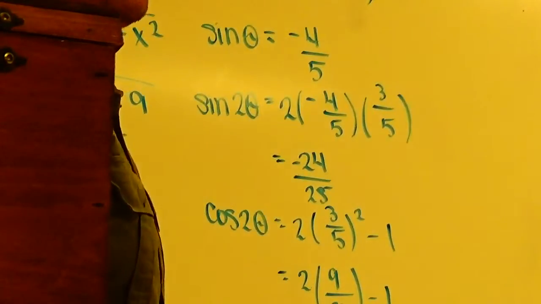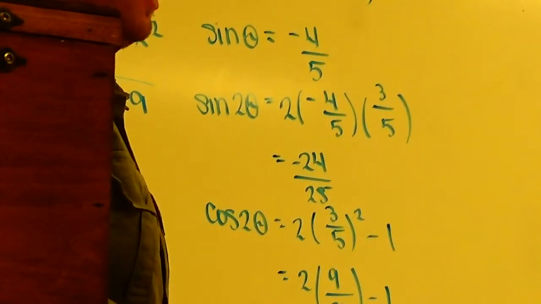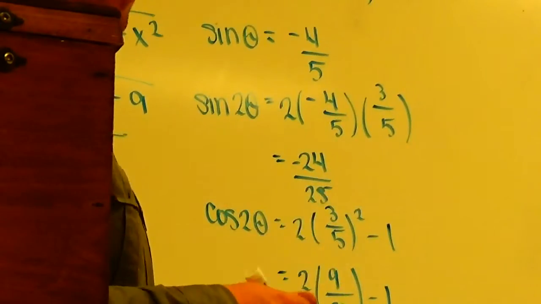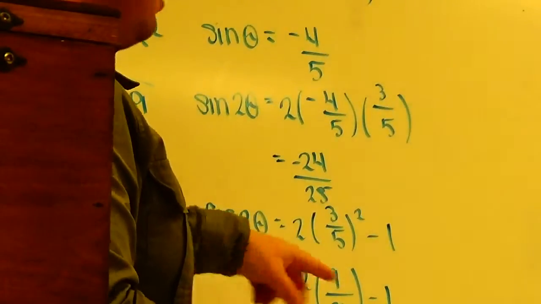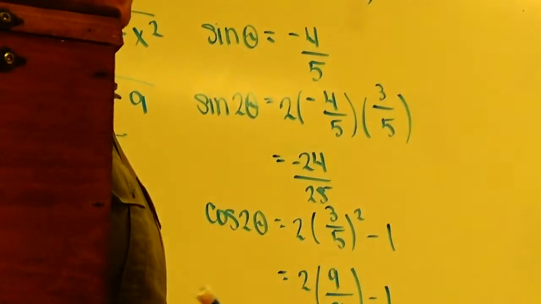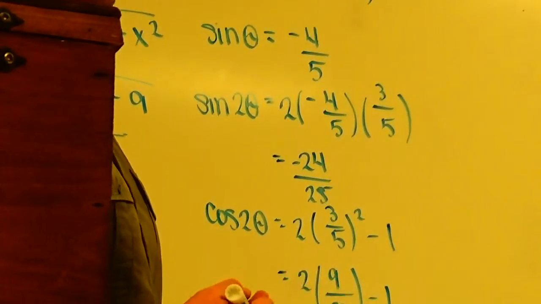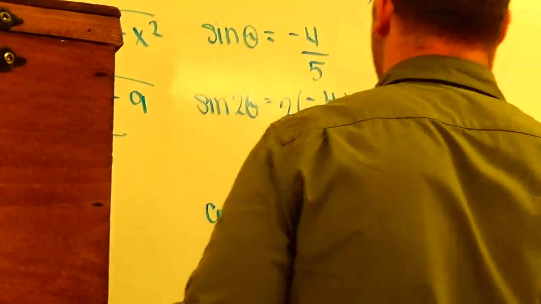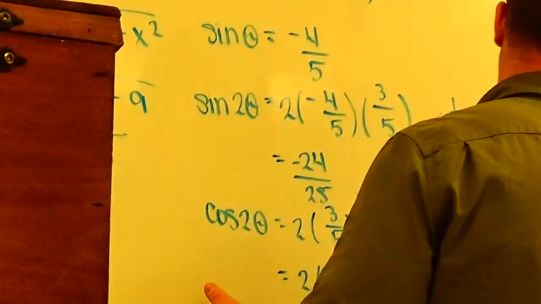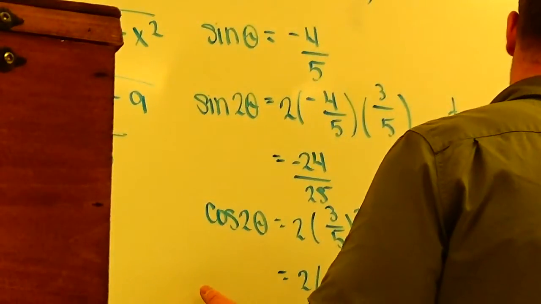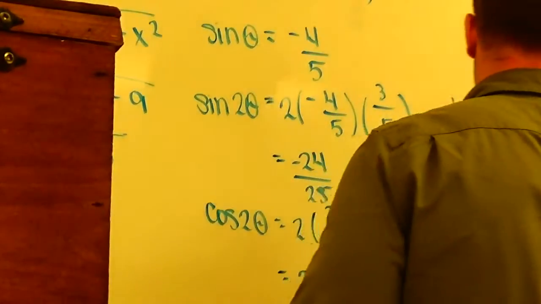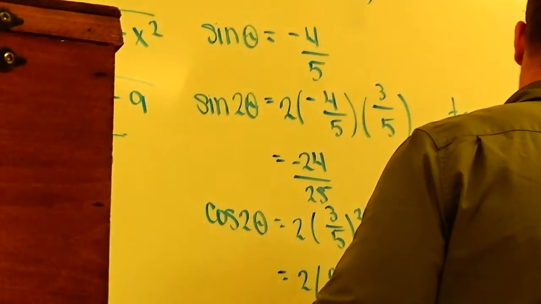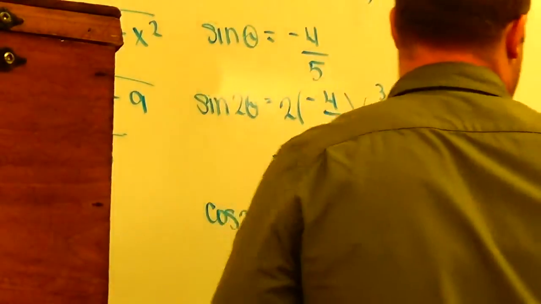What's left? The tangent of 2 theta. If our angles are all the same, 2 theta and 2 theta, how do we find the tangent of 2 theta? Sine over cosine. So the tangent of 2 theta equals negative 24/25 over negative 7/25. Keep, flip, change.